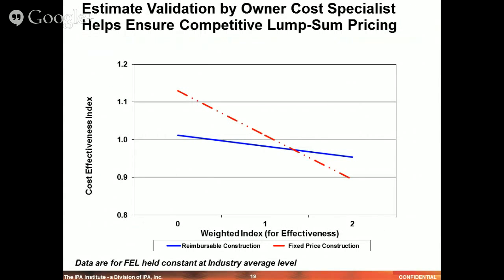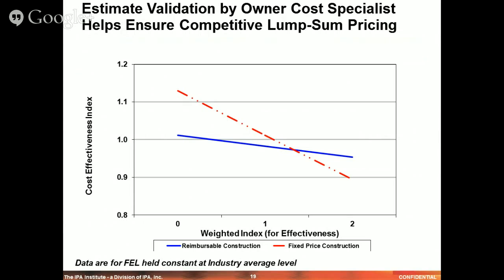Now, why is it important and how can it be measured? On the bottom, we're showing a relatively weighted level of robustness in terms of a validation process: 0 being no validation process, 1 being a summary or limited validation process, and 2 being a much more comprehensive validation process.